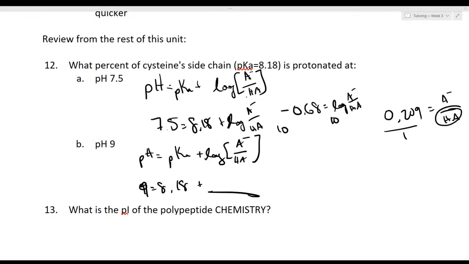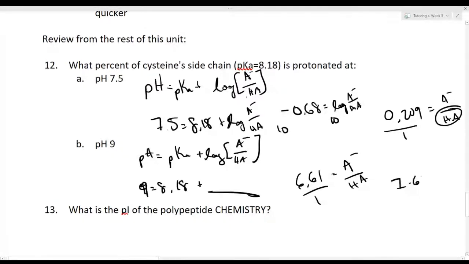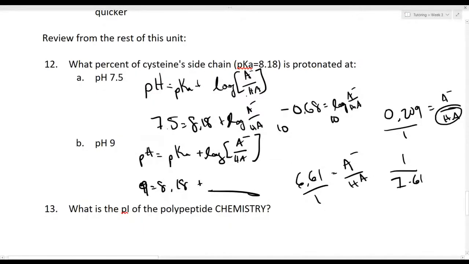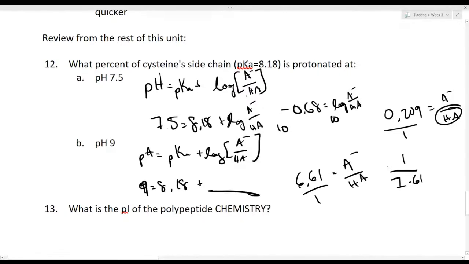We're going to undo the log, and we end up getting 6.61 equals A minus over HA. Once again, they put that under 1, and so the total is going to be 7.61. We want the percent protonated, so we're going to put 1 over 7.61, and we're going to get about 13%.